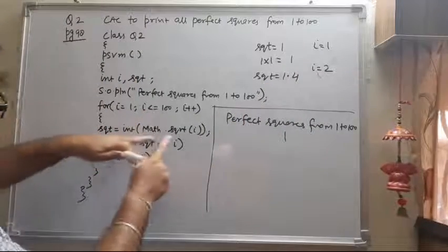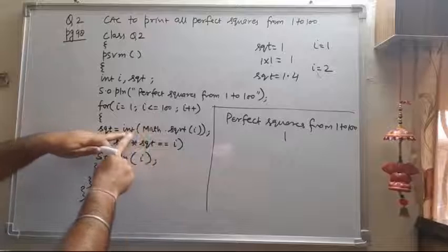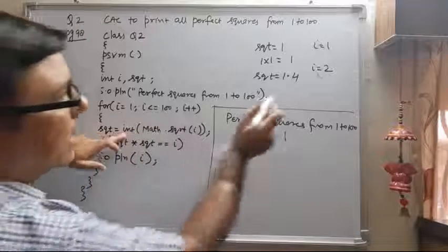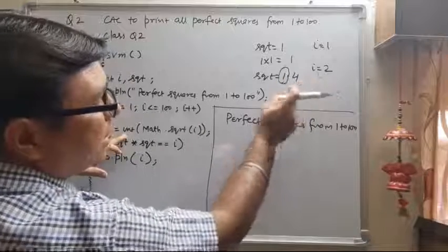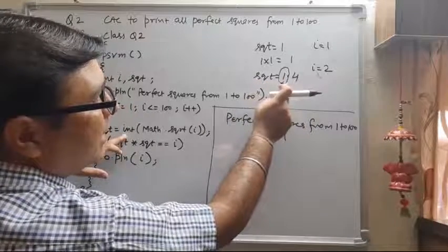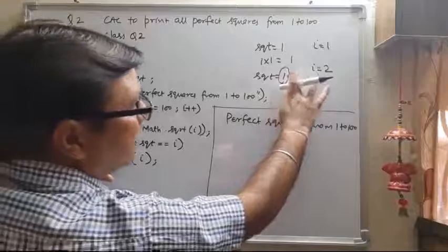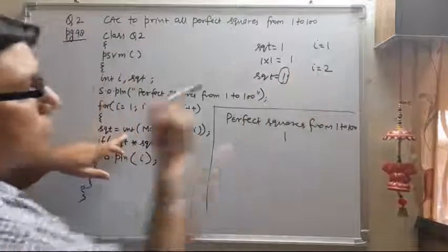And then we'll find the integer of it. What is the integer part of this? This is the integer part, and this is the decimal part. So the integer part, that is 1, will be stored in sqt.